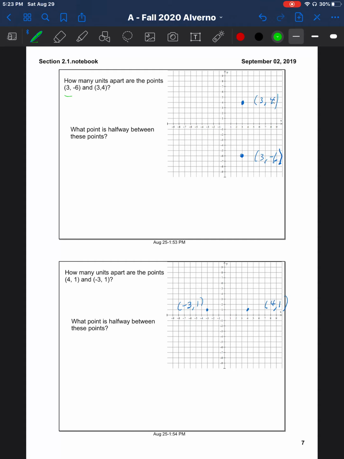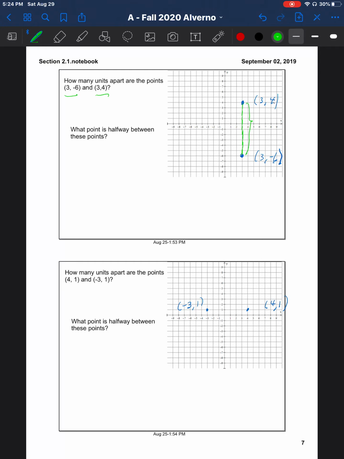Let's suppose we have 2 points, but they have the same x value. So our value for x is the same in both of these, and that value in this case is 3. If I want to find the distance between these two points, I only have to worry about the distance between the y values of 4 and minus 6, and then divide that by 2.